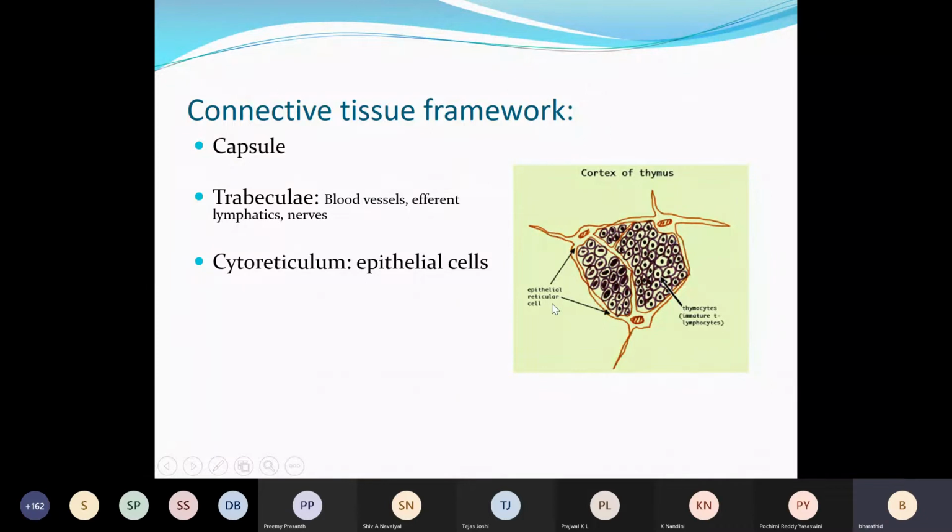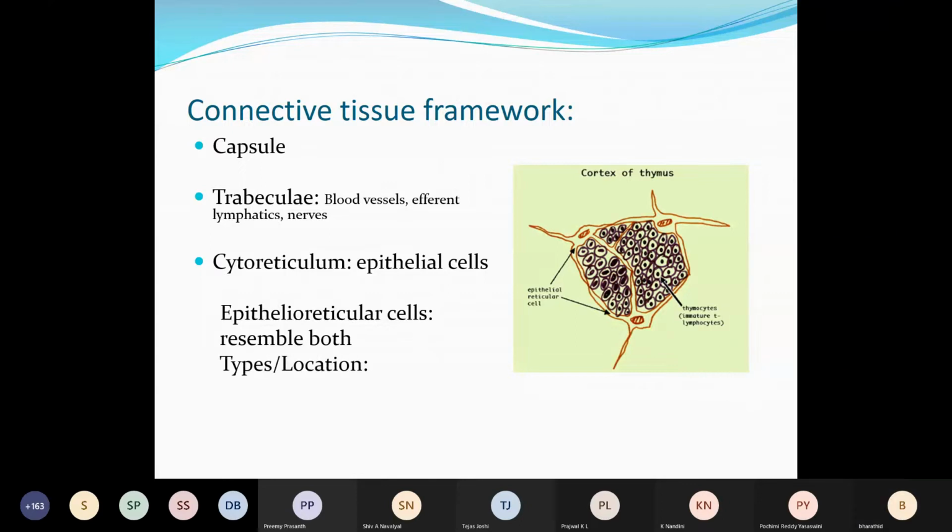These two cells you must know, you have to write in your exams. There are other cells also, macrophages are also there. But mainly in thymus you will see thymocytes and epithelial reticular cells. These cells are derived from the third pharyngeal pouch.